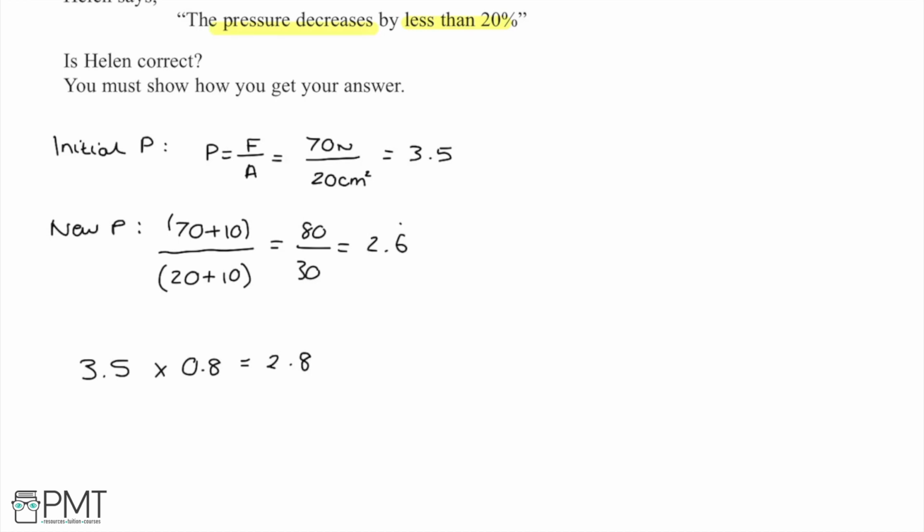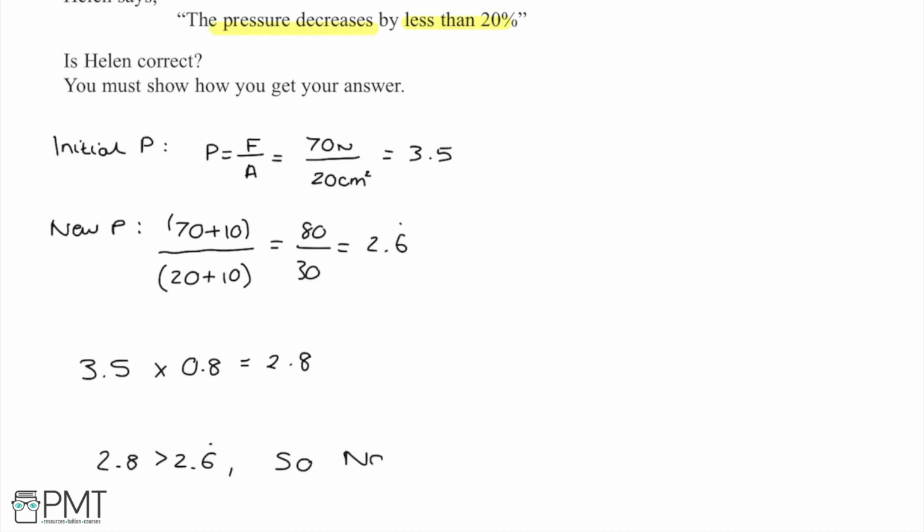However, the new pressure is 2.6 recurring, or rounded to 2.7, and 2.8 is greater than 2.6 recurring. So we can conclude with this information that Helen is incorrect, because the pressure has decreased by more than 20%, because 2.6 recurring is much further away from 3.5 than that 2.8 is.